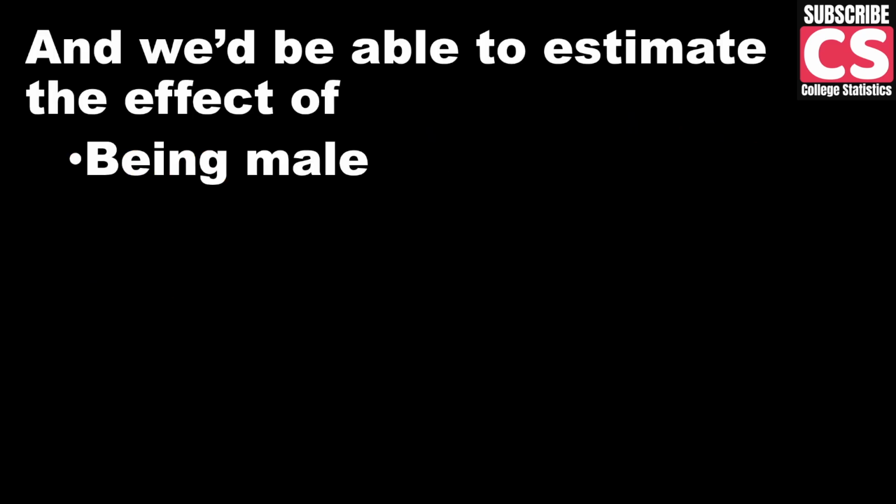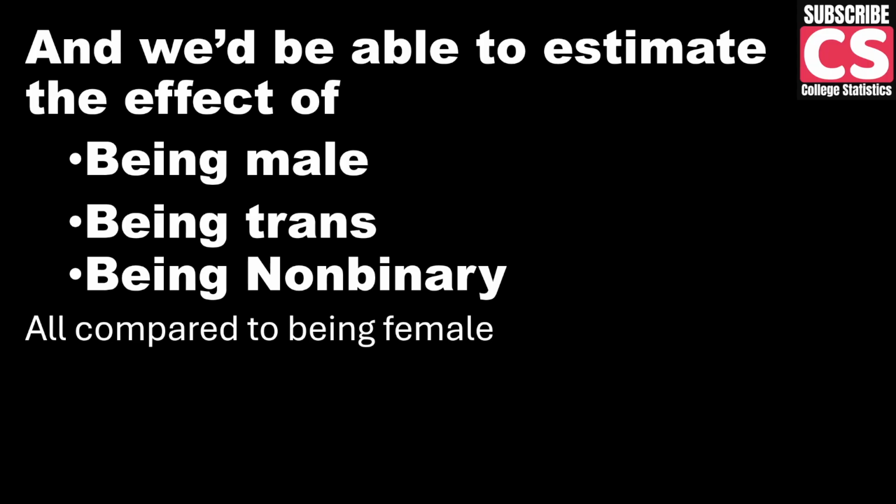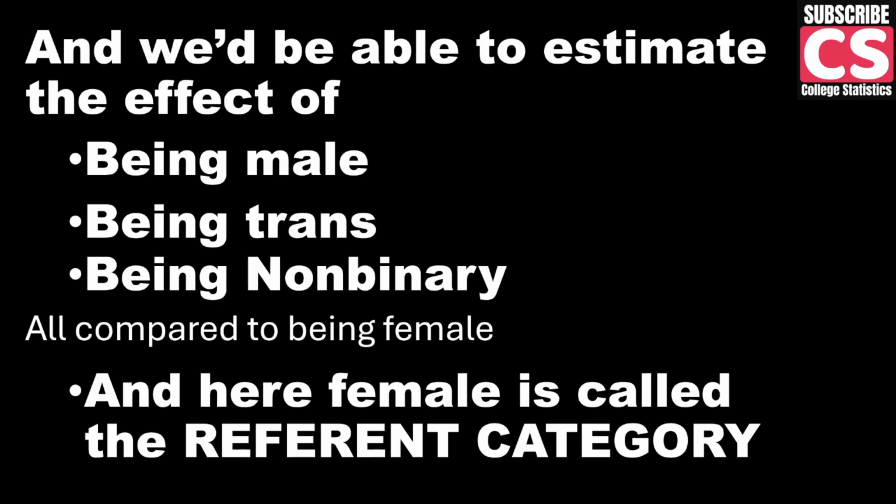And we'd be able to estimate the effect of being male, being trans, or being non-binary, all compared to being female. And here, being female is called the referent category because we are comparing the other genders to the category of being female.